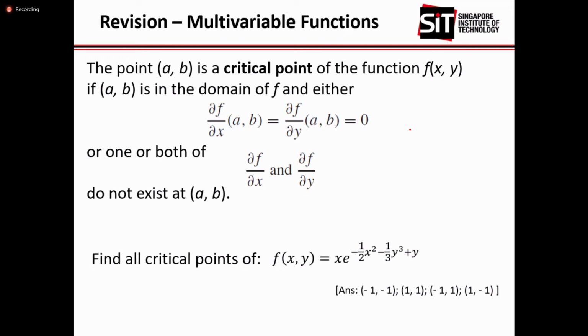So for any point for which the partial derivative of f with respect to x and the partial derivative of f with respect to y are equal to 0, or the two partial derivatives are not defined, then we identify these pairs of points (a, b) as being critical points for the function.